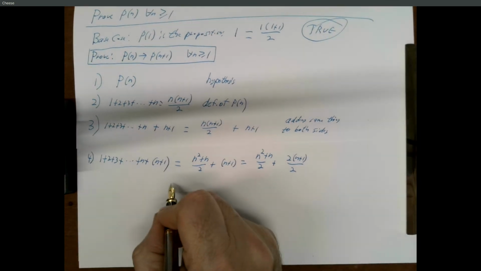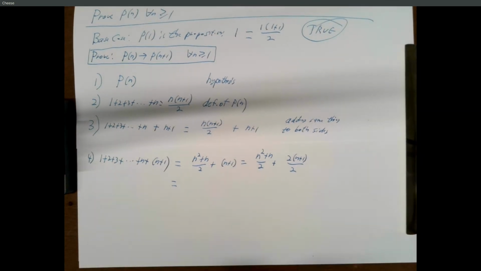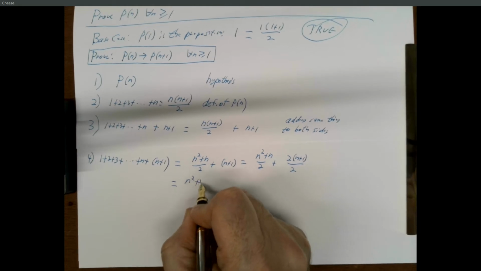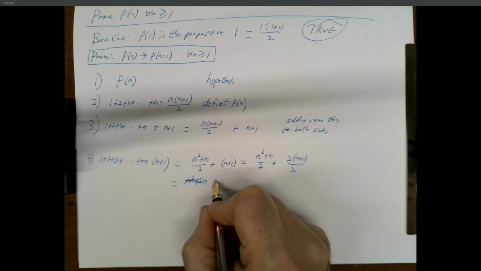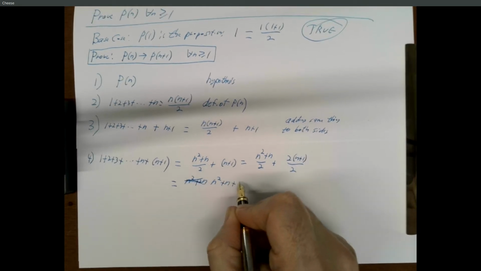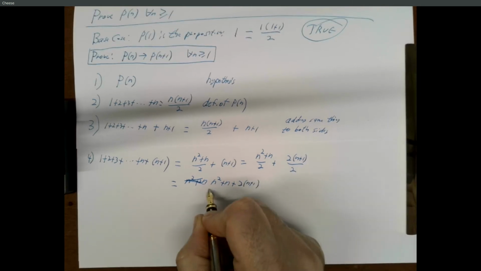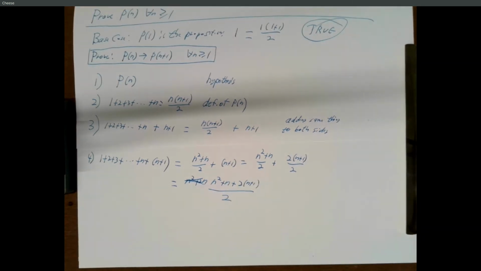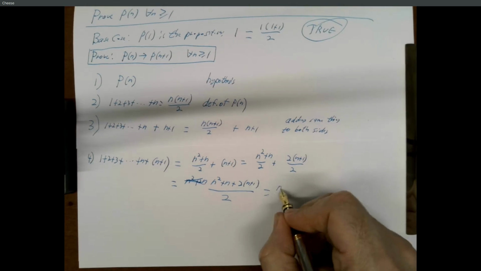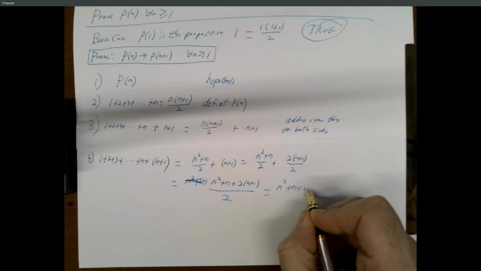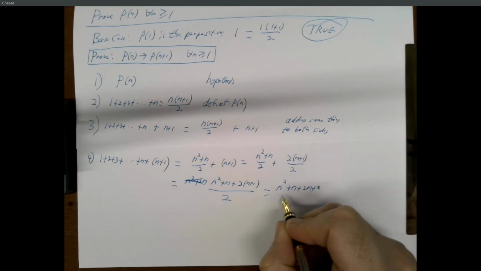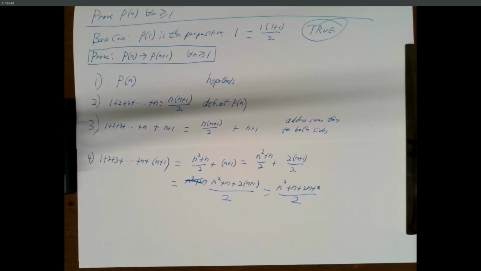And I'm just going to come right down here on the next line and say that's also equal to (n squared plus n plus 2 times (n plus 1)), all divided by 2, which is (n squared plus n plus 2n plus 2), all divided by 2. So I'm just doing algebra here.